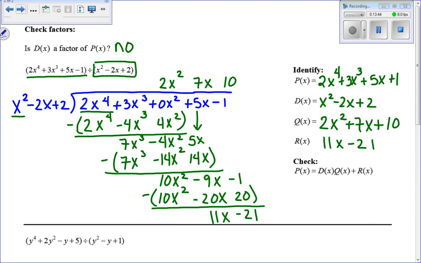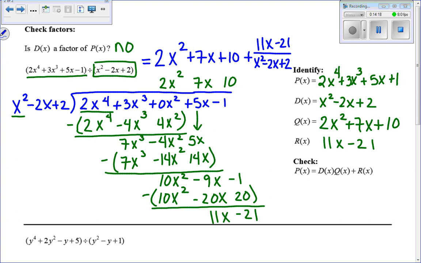If I were to actually write the answer of this, so 2x to the 4th plus 3x cubed plus 5x plus 1 divided by x squared minus 2x plus 2, that is 2x squared plus 7x plus 10 plus, the way you write your remainder is to take your remainder, 11x minus 21, over your divisor, x squared minus 2x plus 2.